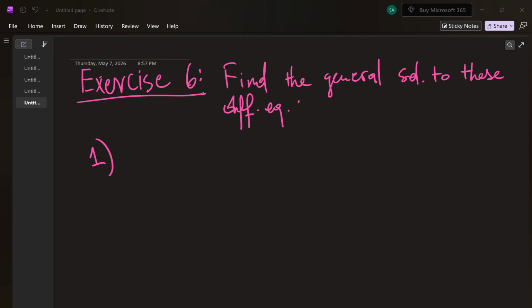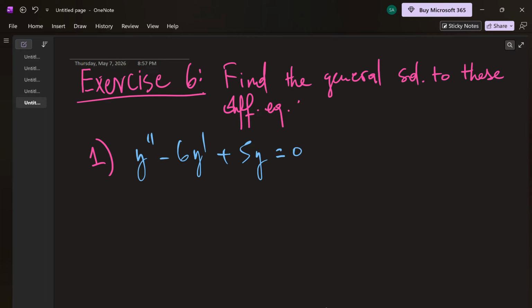y double prime minus 6y prime plus 5y is equal to 0.